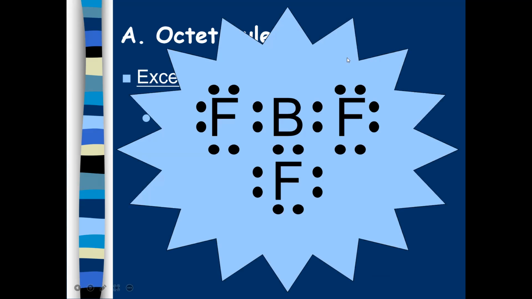So like right here, let's look if we're following. We don't necessarily have 8 around this guy. But you notice fluorine, on the other hand, has 8. All of them do. You see that? 8 dots. And the dots are put exactly like this. You can imagine that you have a box around the thing, and that your box needs to touch these little lines.